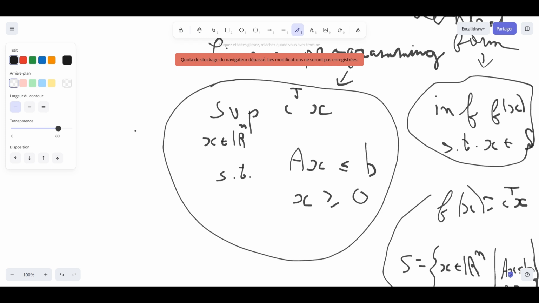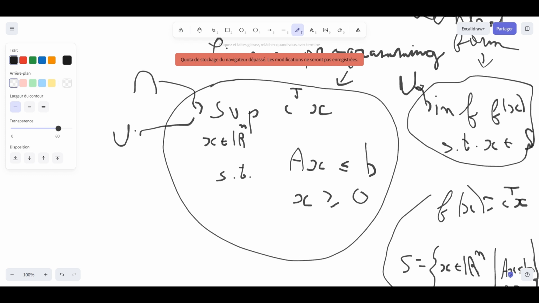Convex if you're minimizing, concave if you're maximizing. But when the objective function is affine, we can both minimize or maximize. In this case, because it's affine, both can work.